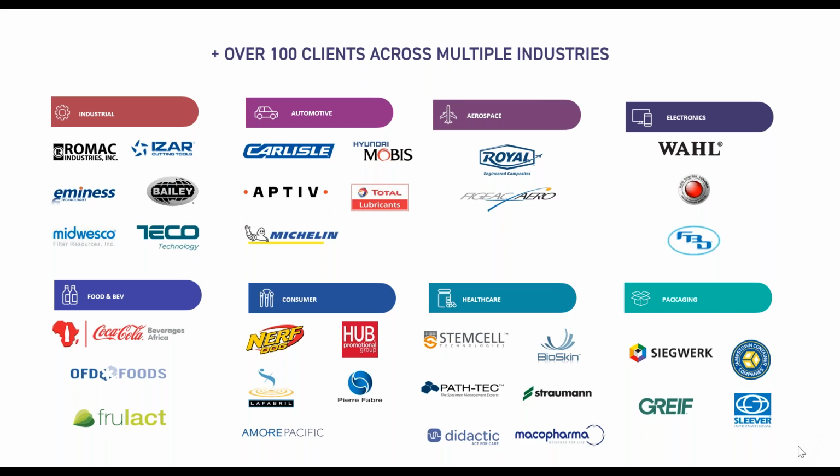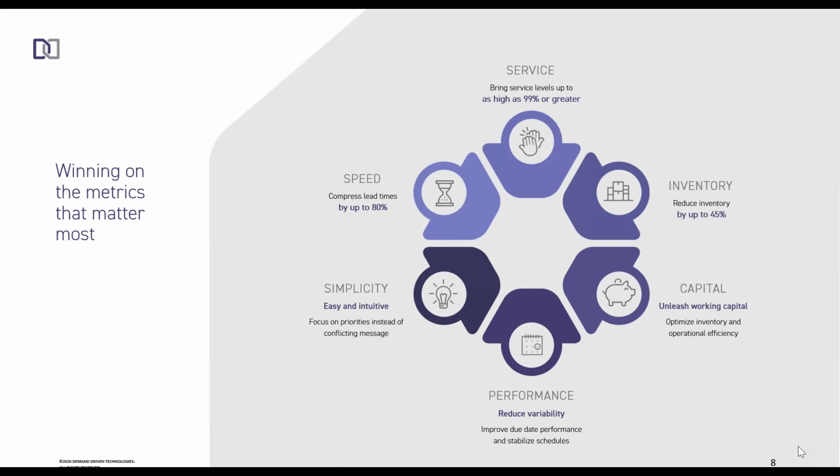And when we look at our clients and our goal as a company, our goal is to deliver tangible and sustainable results for all of our clients. Our highest priority is to maintain or improve service levels through constant material availability, achieving service levels up to 99% or higher.